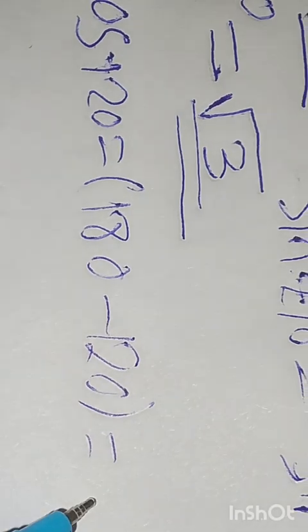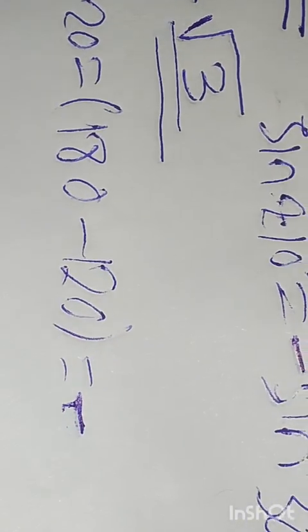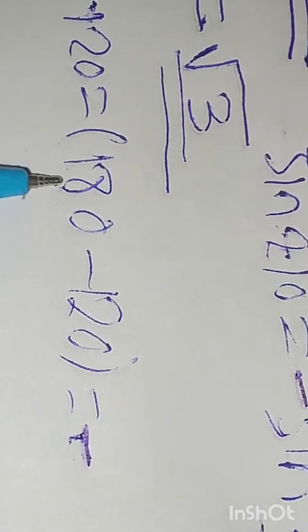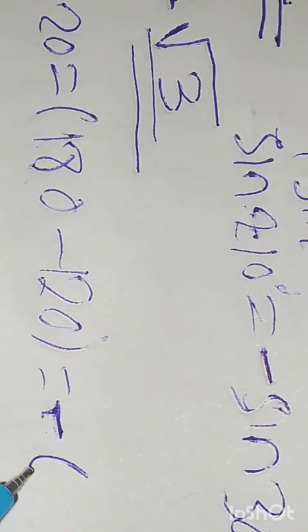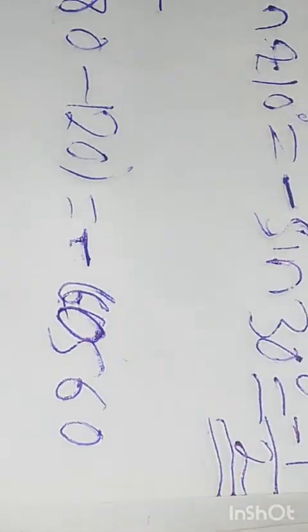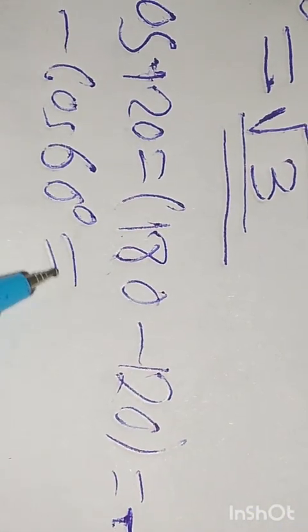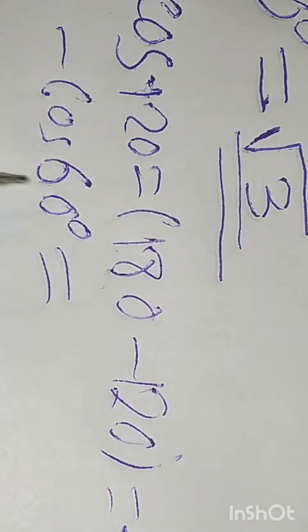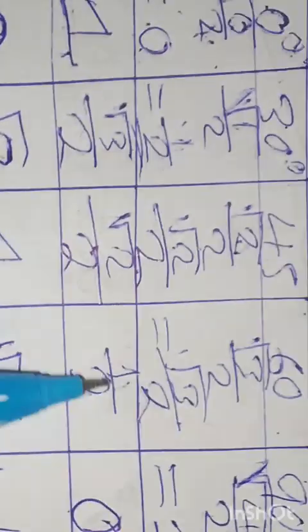In the second quadrant, cos is negative, so we have negative cos 60 degrees. From the table, cos 60 is 1 over 2, so the answer is negative 1 over 2, which shows that cos is not in its natural quadrant.